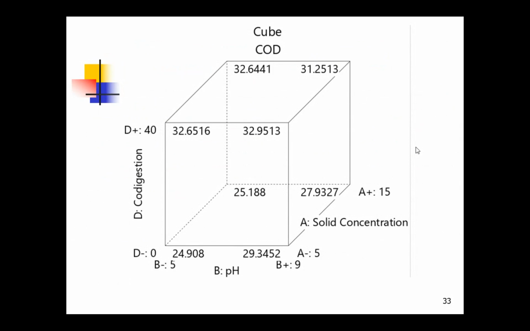So for different combinations of these three parameters, solid concentration, pH and co-digestion, what is the chemical oxygen demand? Those are the values given, 24.908, 29.3452, 25, on each and every edge. We can clearly identify that. Okay, so this Q plot is specifically useful for prediction purposes.